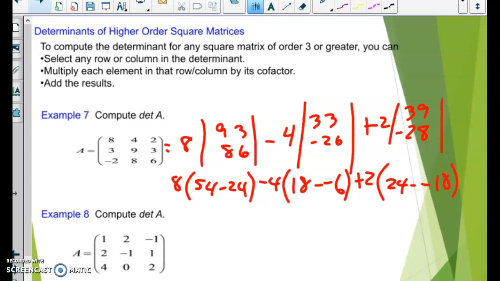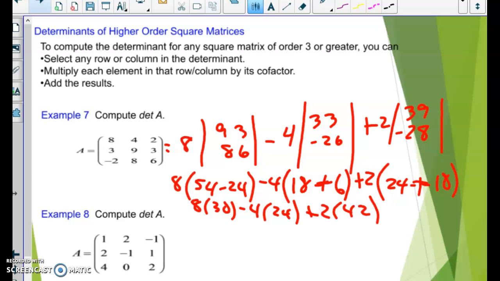And so my determinant of this thing, 8 times 30, negative 4 times 24, plus, looks like 42 times 2. And if I simplify, I get 240 minus 96 plus 84.